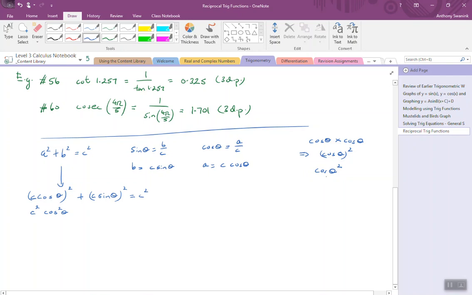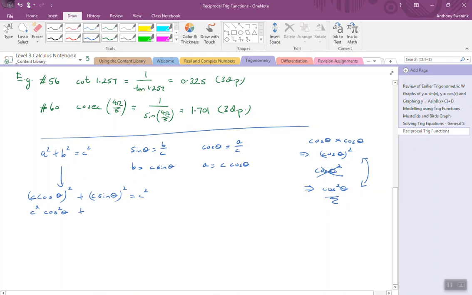So this is correct here. I would not write it like that. Now, the shorthand for this, mathematicians write that as cos squared theta, and it means this. These two are equivalent, and this is the normal convention way of writing it. Okay, so that's what I'm going to use.